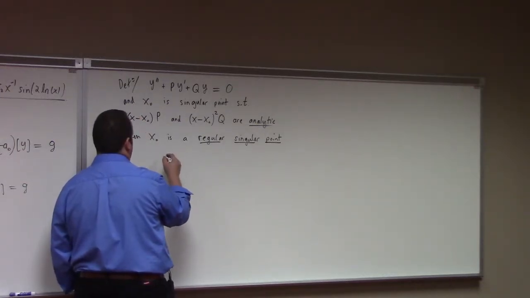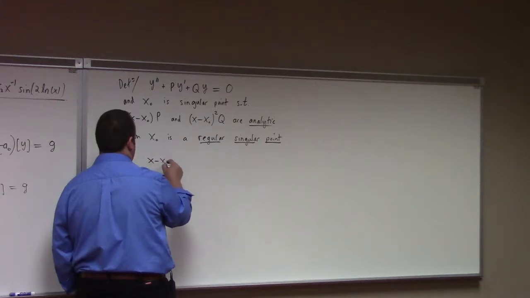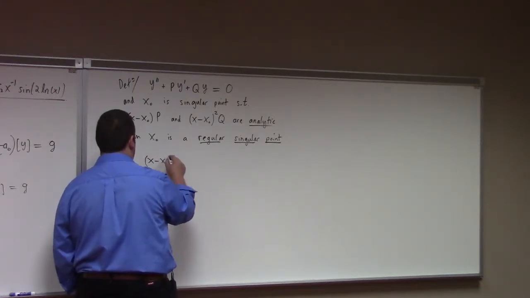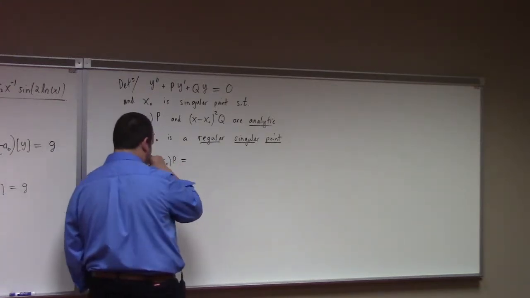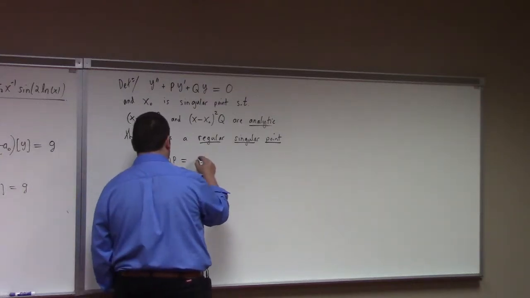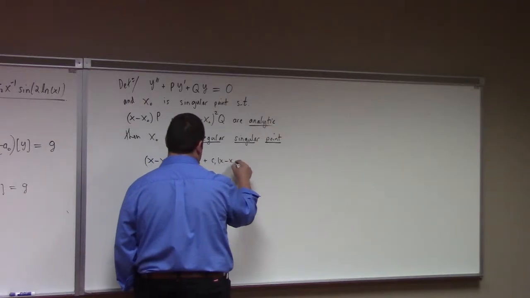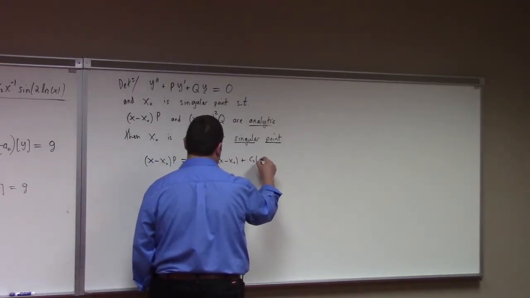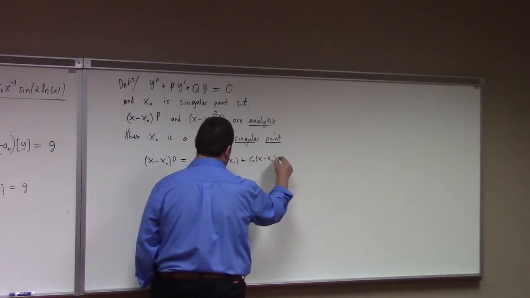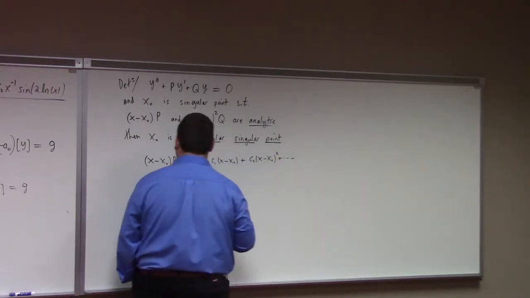Let me just expand on that for a second. That means that x minus x naught times p is something like c naught plus c1 times x minus x naught plus c2 times x minus x naught squared, right?